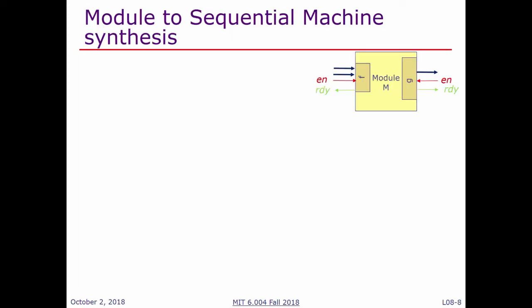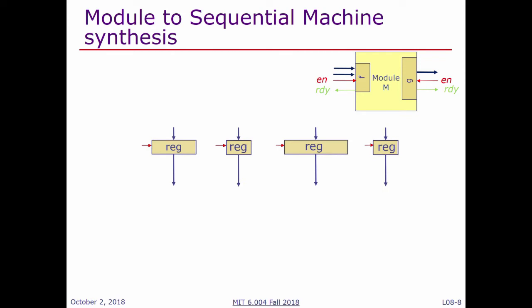Let's see what is the connection between a module and a sequential machine. Suppose I have some module M, and it has two methods, F and G. If I go and examine the module, what have I promised you?